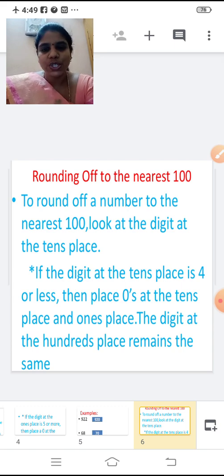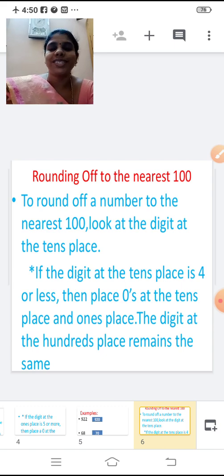Then place zeros at the tens place and ones place. The digit at the hundreds place remains the same. If the digit at the tens place is 4 or less than 4, what you have to do? Place zeros at the tens and the ones place, and the hundreds place remains as it is.